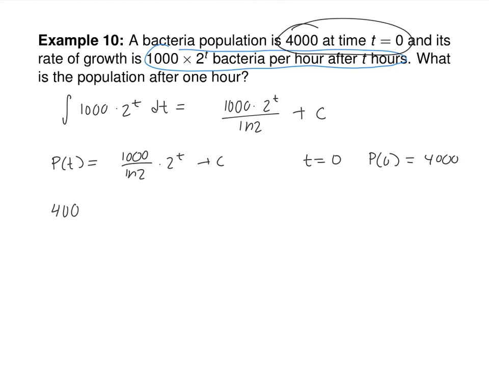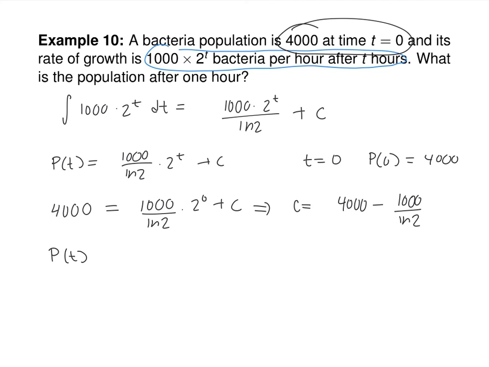So 4,000 will equal 1,000 over ln 2 times 2 to the 0 plus c, which means c is equal to 4,000 minus 1,000 over ln of 2. No one said it's pretty, but that's it, right? So here's your population equation.